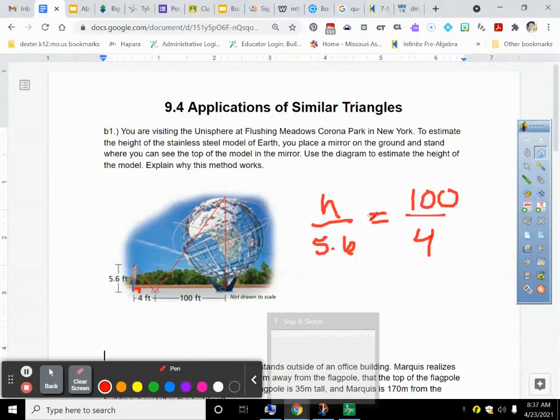All right, so Bailey, what would be my first step? Cross multiply, yeah. So we do 4 times h and 5.6 times 100. All right, Abby, what's 4 times h? 4h. Equals, and Natalie S, what's 100 times 5.6?